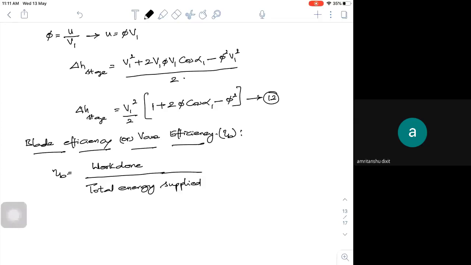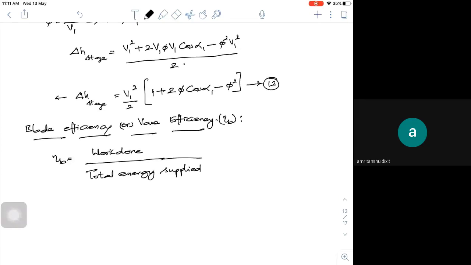Some of the books define this delta H per stage as the stage stagnation enthalpy. In that case, this will be delta H naught. If it is static, this will be delta H, or if it is stagnation, this will be delta H naught.